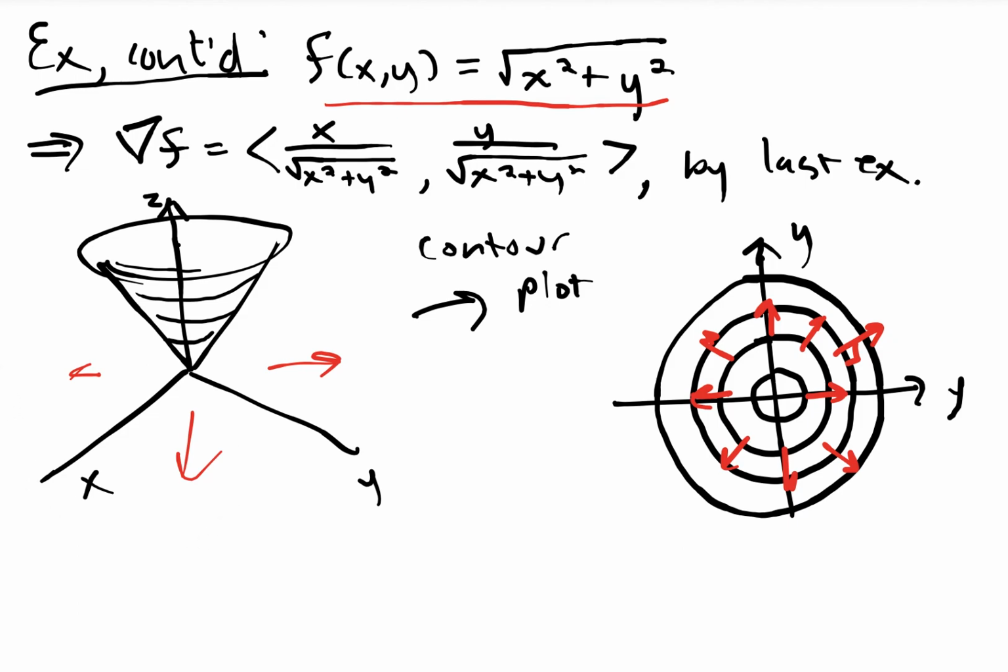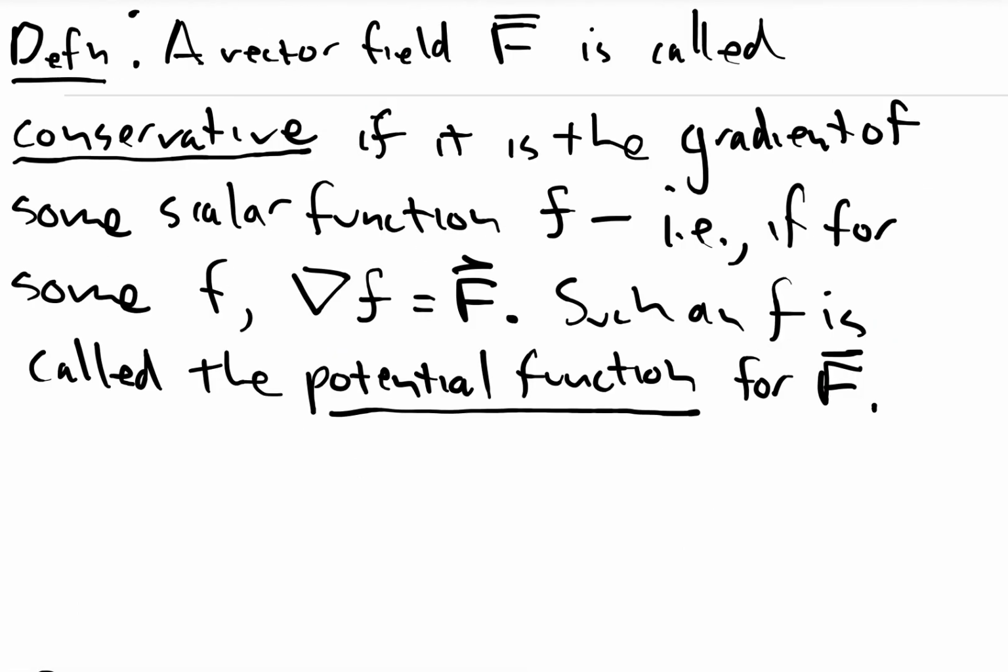Now, other comments on properties of vector fields that we should be familiar with, because they're things we might run into later. I will point out this property of some vector fields, not all of them, about them being called conservative or not conservative. This has nothing to do with political leanings or anything like that.